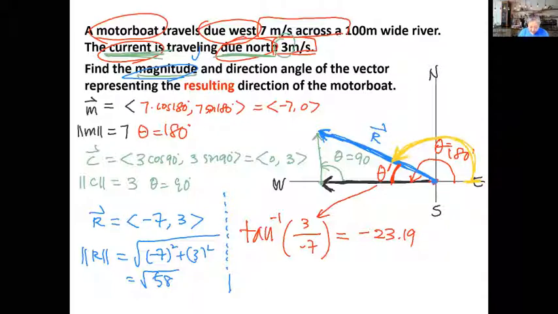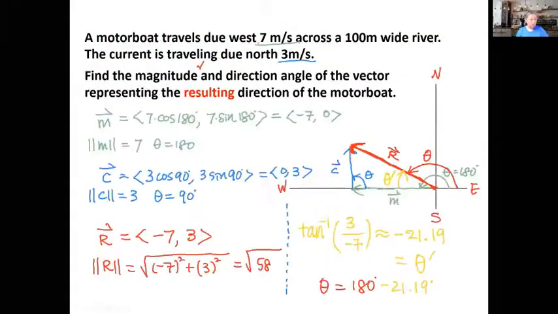So in order to find this true direction angle of R, it's going to be 180, right? 180. So the real yellow theta itself is 180 minus 23.19, and you should be able to find the value there. So that should be equivalent to the actual direction angle of the resultant vector R. Then you will see a more thorough approach on the next slides, okay?